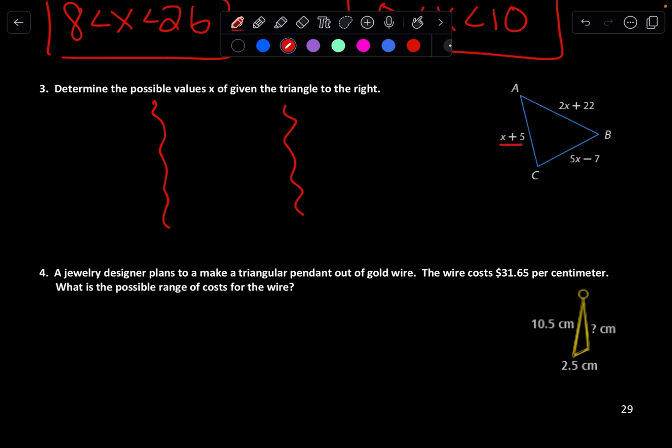So if I add these two sides, x plus 5 plus 2x plus 22, that has to be bigger than my last side, 5x minus 7. So that is my first inequality with this triangle inequality theorem.